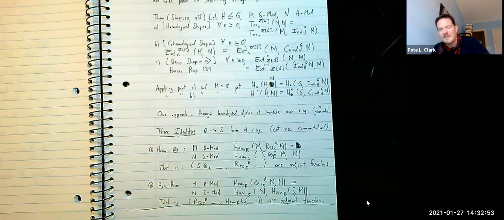There's two things that are adjoint to the forgetful functor from S modules to R modules. The left adjoint to the forgetful functor is the tensor product with S, and the right adjoint to the forgetful functor is the Hom with S. So we're beginning to understand where induction and co-induction are coming from.